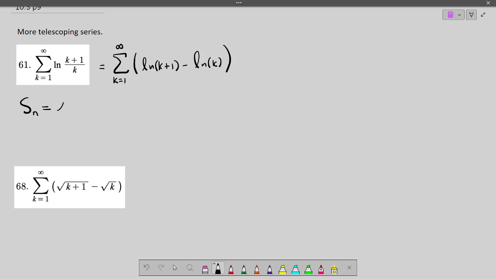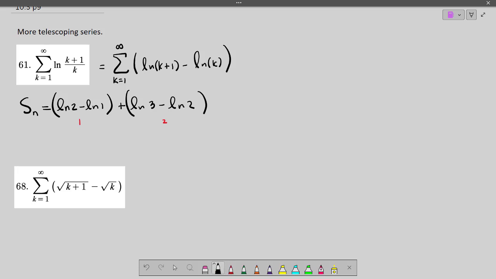So we plug in 1, and we get ln 2 minus ln 1. So that is when k is equal to 1. And then we plug in k equals 2, and we're going to get ln of 3 minus ln of 2. So that's when k is 2. And we're starting to see that, oh yeah, there's a cancellation pattern here.